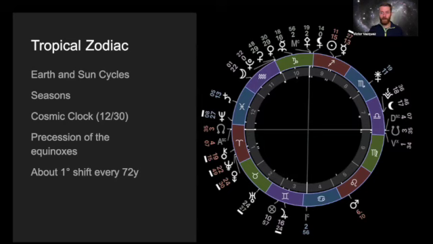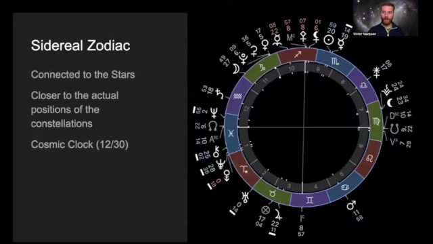So another important factor of the tropical zodiac is the precession of the equinoxes, which has a shift as to the actual sky of about 1 degree every 72 years. So this shift happens in relationship to the sidereal zodiac, which is the one that we're gonna see next. So here we have almost the same chart, but in the different zodiac systems.